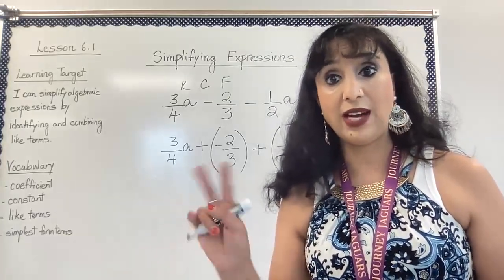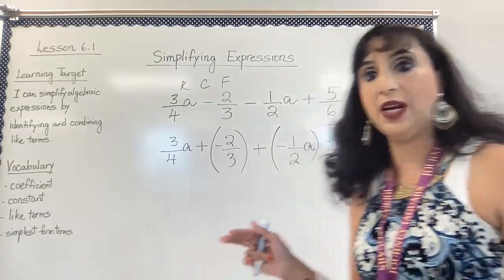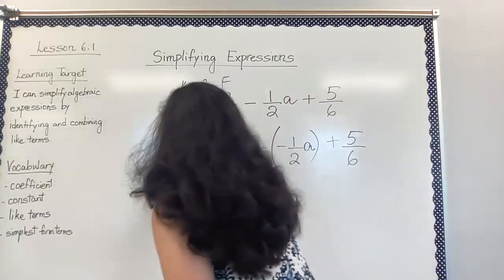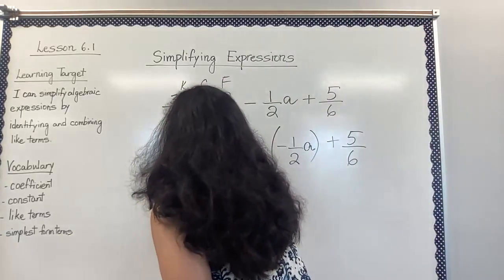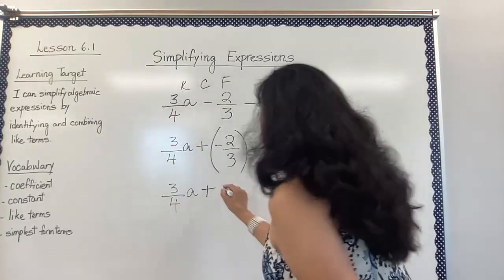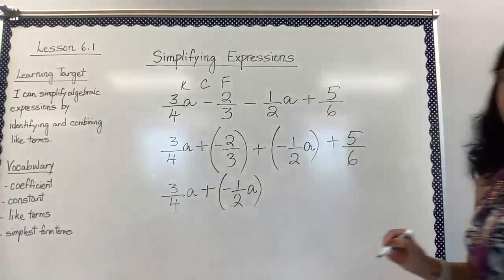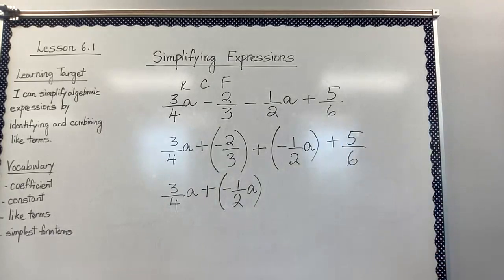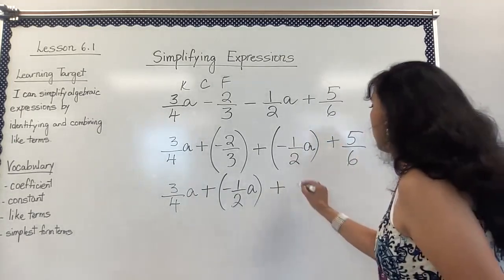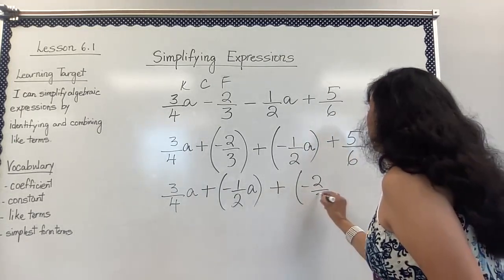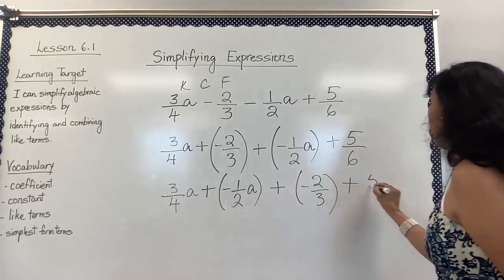So I can rewrite it like that, and that's called commutative property of addition. So I have 3/4 a plus negative 1/2 a, okay? And then I have plus negative 2/3 plus 5/6.